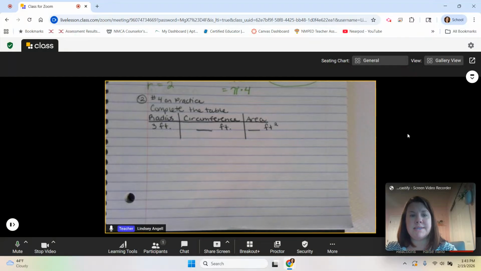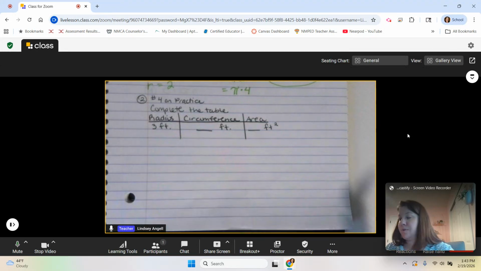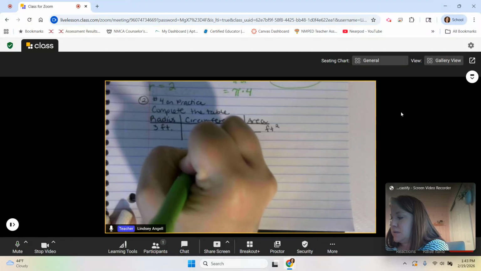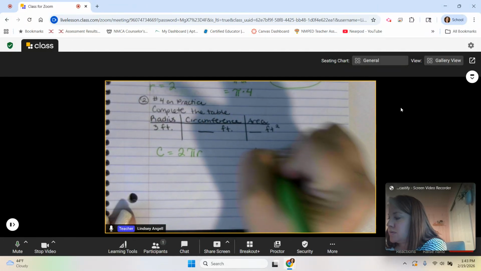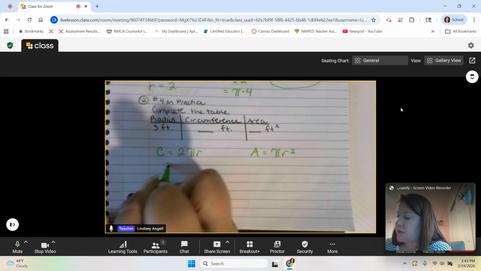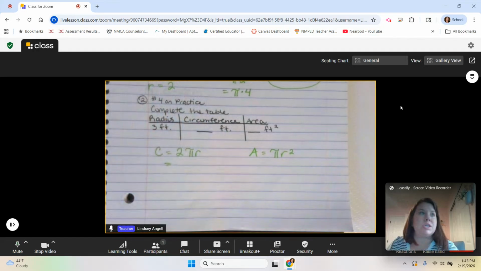Next is number 4 on your practice. Complete the table. We're given a radius of 3. So really, we just need to use the circumference and the area formulas. So for circumference, actually let me check.